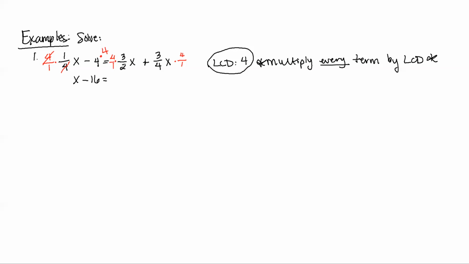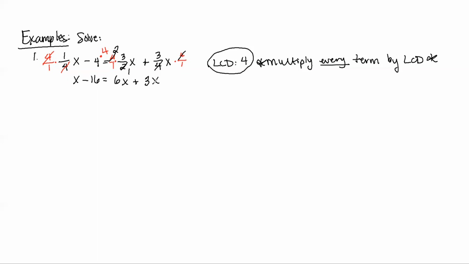And then when we multiply these, this 3/2 by 4, I'm going to go ahead and reduce. And so if we reduce the 2 and the 4, divide them both by 2, the denominators again become 1, so those are gone. And then we're left with 2 times 3, which is 6x over 1, but we don't need that. Plus the last term here, these 4s again cancel out. And so we're left with 3 over 1, which is just a 3x.